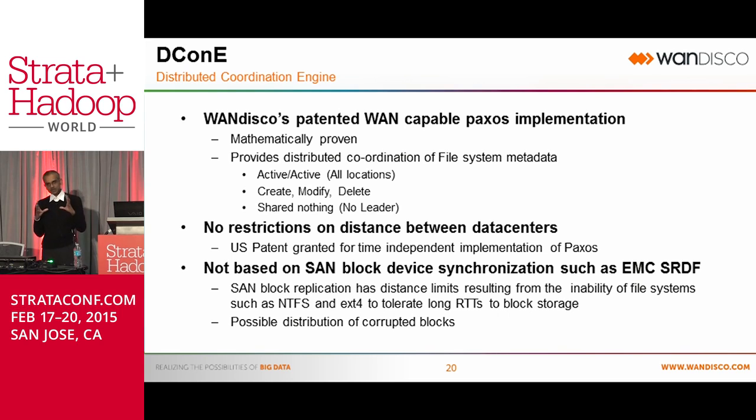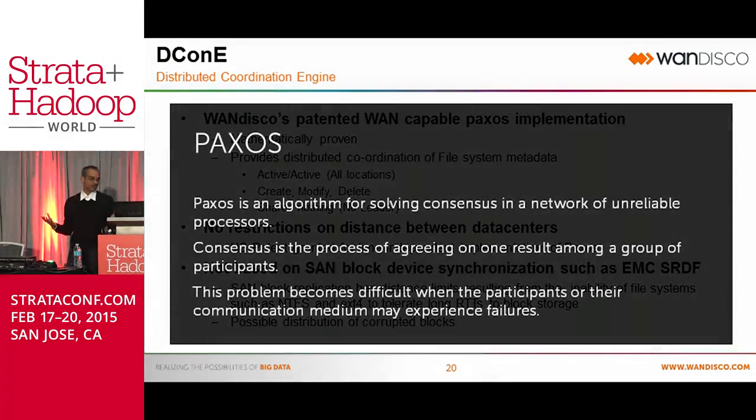Let's talk about the distributed coordination technology for a moment. This is core to our intellectual property. So what is Paxos, and why does distributed coordination even factor in this conversation? Let's consider something like quantum computing. It's way out in the future.